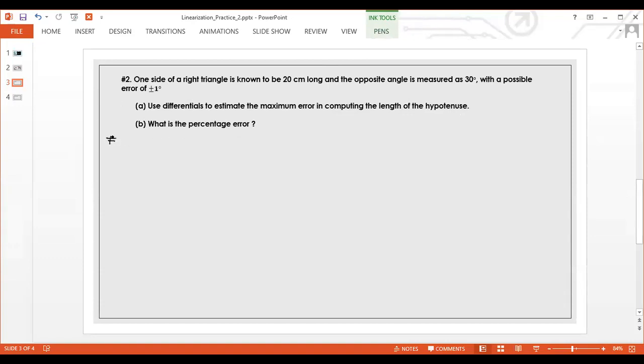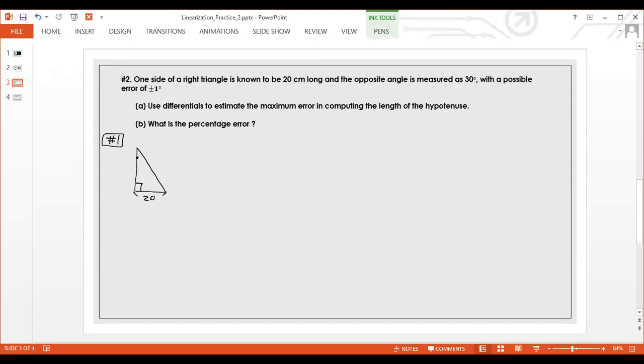All right, let's take a look at the problem. Step number 1 here: let's try to graph it. We have a right triangle. Let's say one side of the right triangle is 20 centimeters, and the opposite angle is 30 degrees.